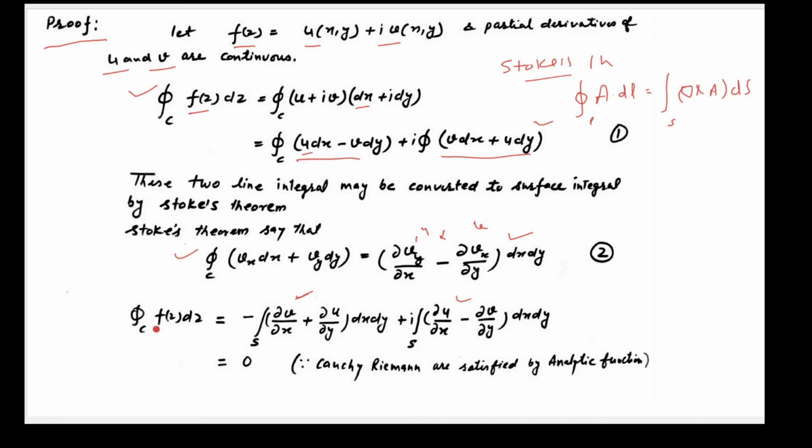Now we know f(z) is an analytic function, so it must satisfy the Cauchy Riemann conditions. We substitute the Cauchy Riemann condition here. According to the Cauchy Riemann condition, this must be equal to 0 and this also 0. So ultimately we will get this. Hence we have proved that the closed line integral of an analytic function is equal to 0.